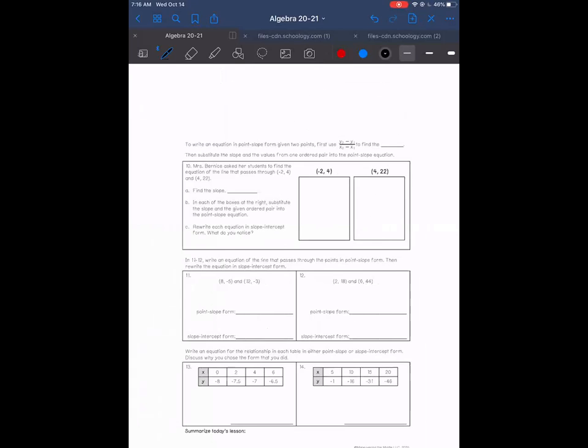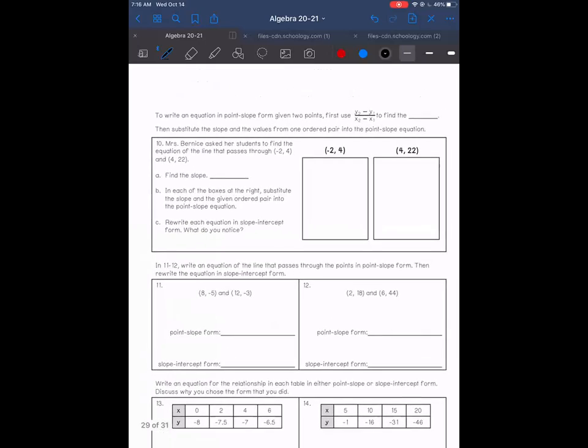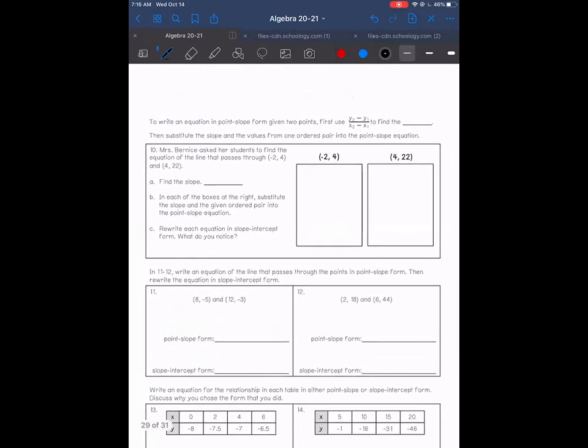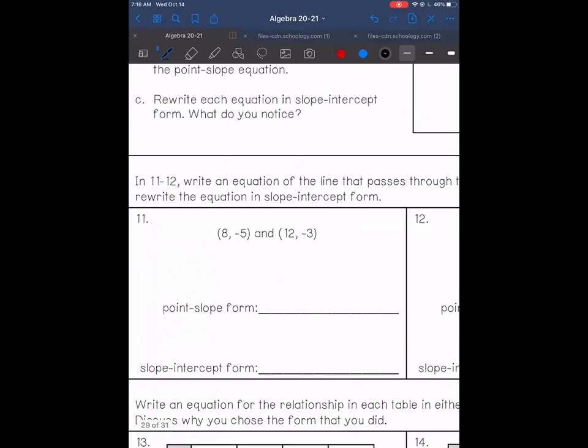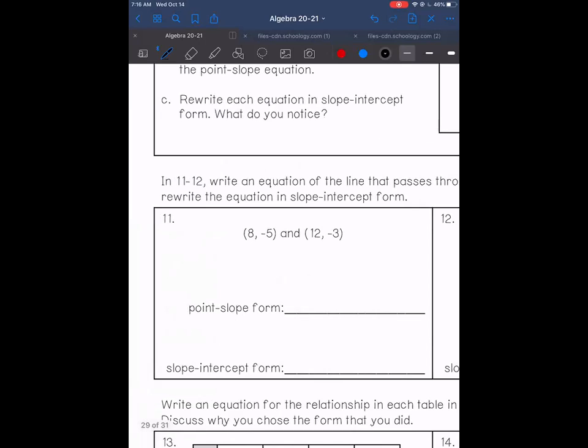This one is kind of doing what we talked about as far as here's 2 points. You might have to find the slope, then write it with a point. So we can do this one, just a quick reminder of how to find slope. So our slope formula, y2 minus y1 over x2 minus x1.